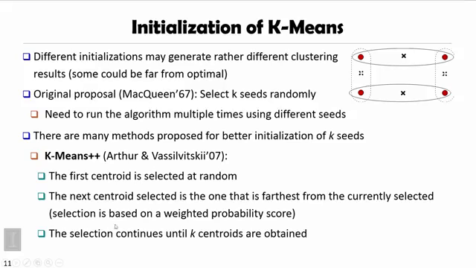That means you select based on a weighted probability score, using different probabilities, to choose the best one for the next centroid. Then this selection continues until all k centroids are obtained. That's when initialization is done. Then we can run the k-means algorithm.